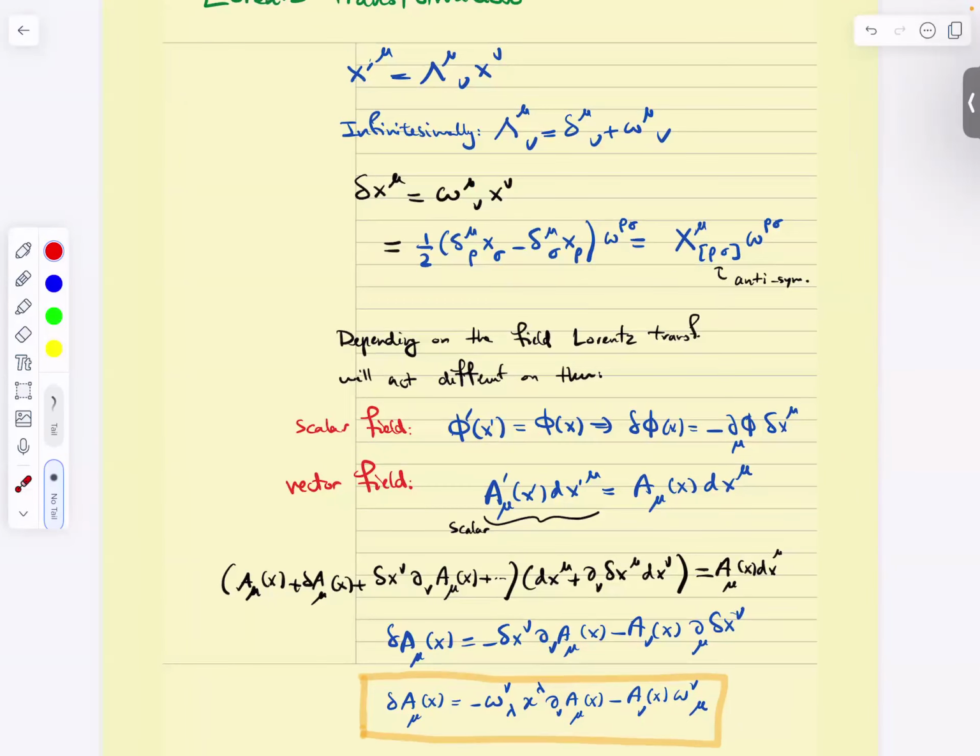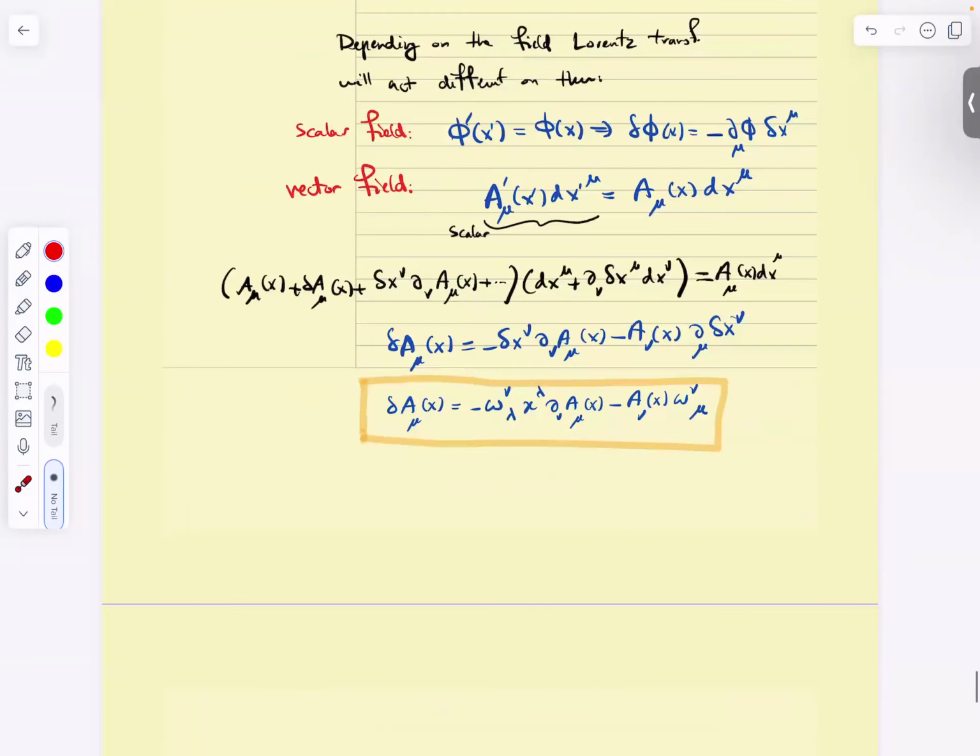Now, as we said before, these transformations act trivially on scalar fields, but on vector fields they do something non-trivial. Here's how they transform.